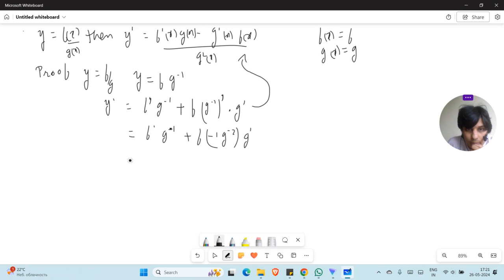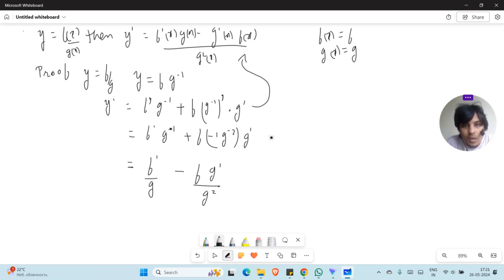So this can be written as, now I'm moving the terms into the denominators, f prime g minus f g prime upon g square.